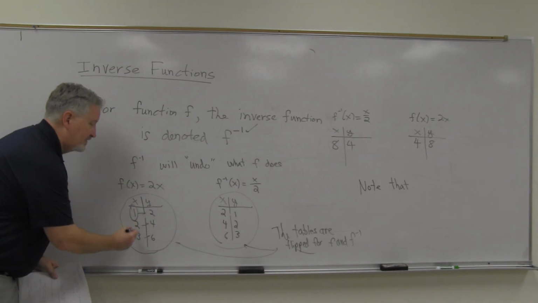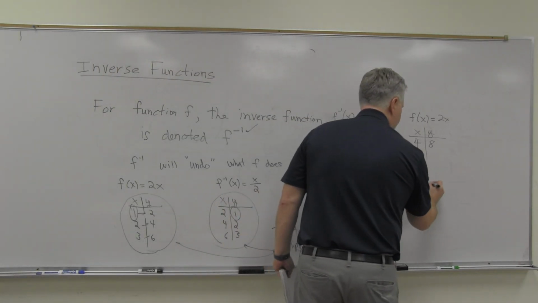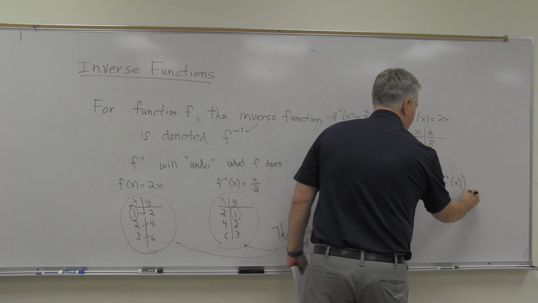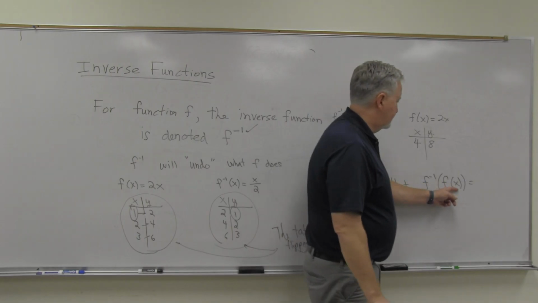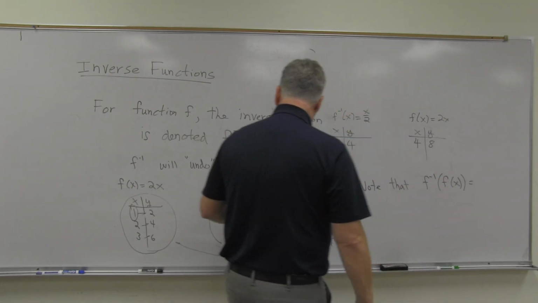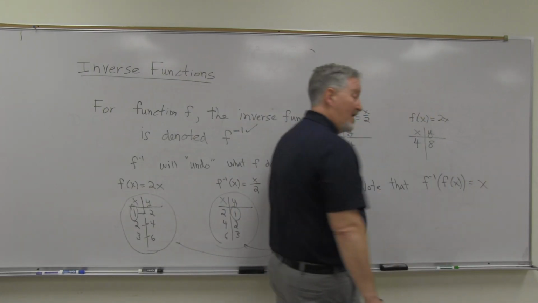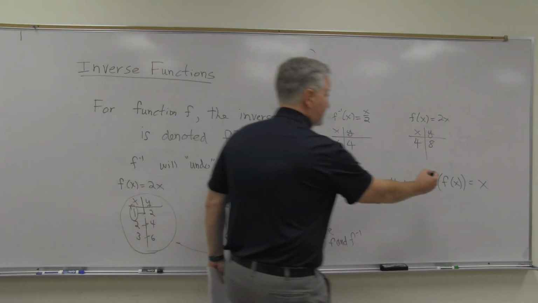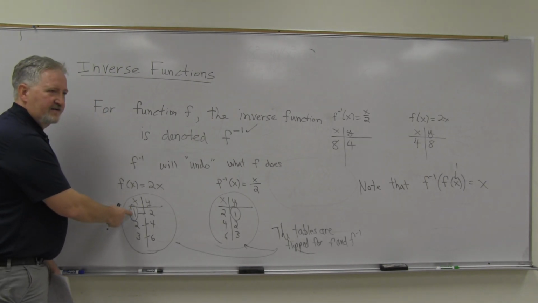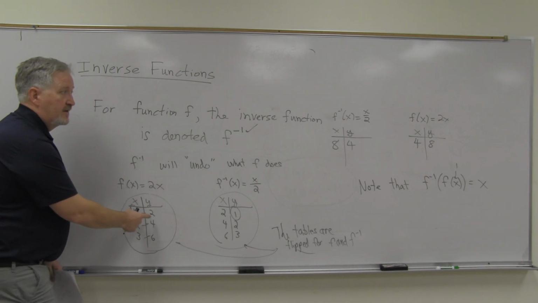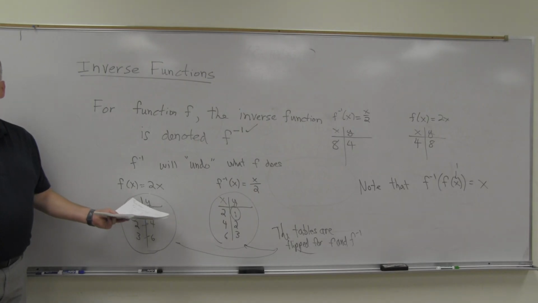So if I start at 1, I wind up at 1. The way we can note that is this: if I do the composition, f inverse of f of x, in other words, I start with x, do the f of x, and then plug it back in, I wind up with x. If I start with 1, f of x is 2, and then f inverse picks up 2 and goes back to 1. I wind up back with x, you see.